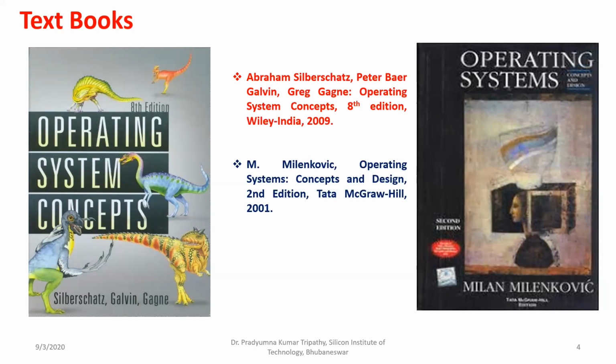The second one is by Milan Milenkovic, a book from Tata McGraw-Hill. Almost 90% of our course will be found in the first book itself. Besides that, the soft copy may be available on the internet. Slides are also available on the internet. Some of the slides I am using here I have borrowed from there, and a few slides I have included of my own.